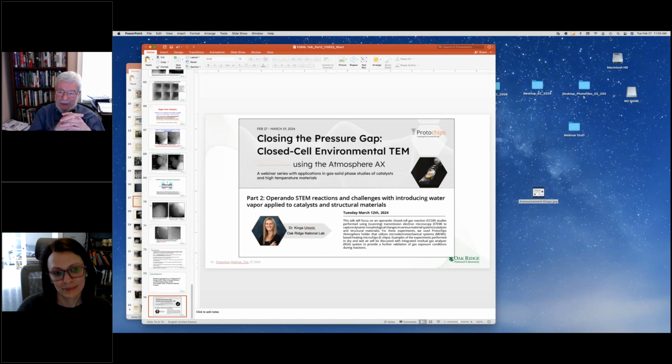We just haven't done it. And so again, there are pluses and minuses for both capabilities. But overall, the STEM imaging with dark field and sub-angstrom imaging capabilities, particularly for catalyst studies, is still a major advantage for the work that goes on in our lab.